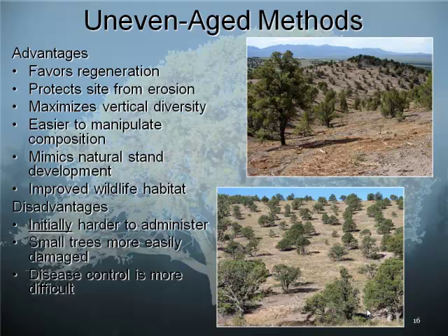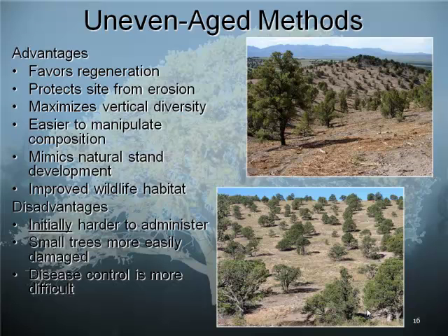This is where you would thin, leaving all size classes present. It favors regeneration, protects the site from erosion, maximizes vertical diversity. It's easier to manipulate stand composition, that is species composition. It mimics stand development, and it can give you improved wildlife habitat as well.